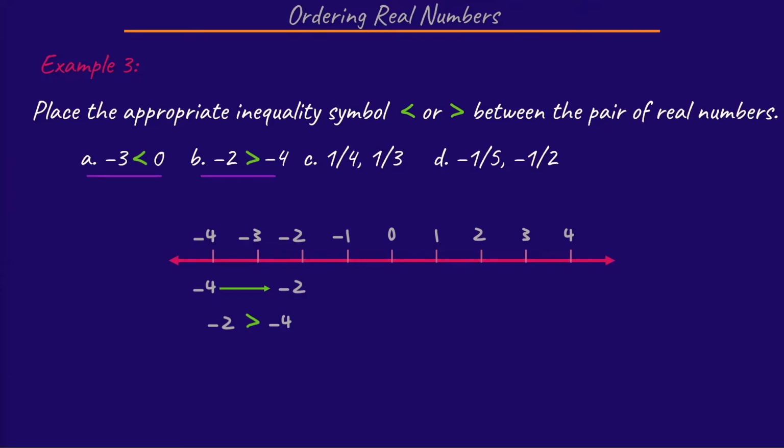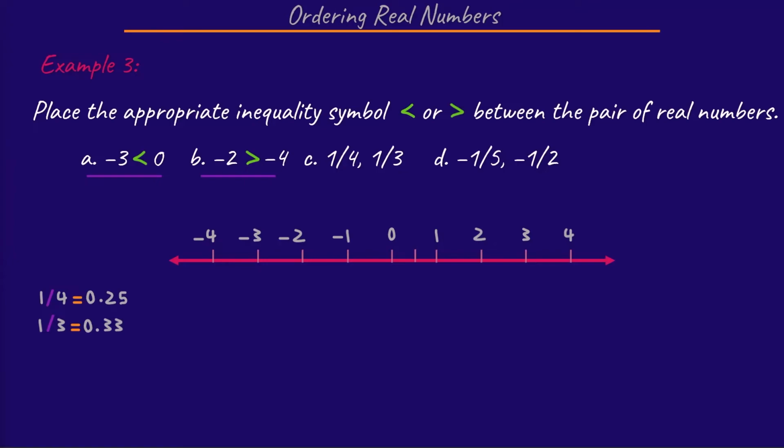Now let's move to the third pair of numbers. We have 1 over 4 and 1 over 3. So 1 over 4 basically is equal to 0.25, and 1 over 3 is equal to 0.33. As we can see, 1 over 3 is greater than 1 over 4. We can see that 25 is less than the number 33. However, they are both between 0 and 1.